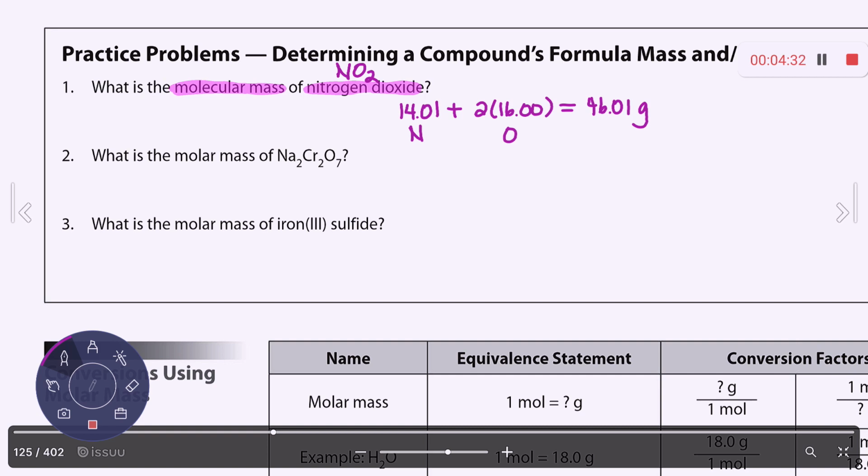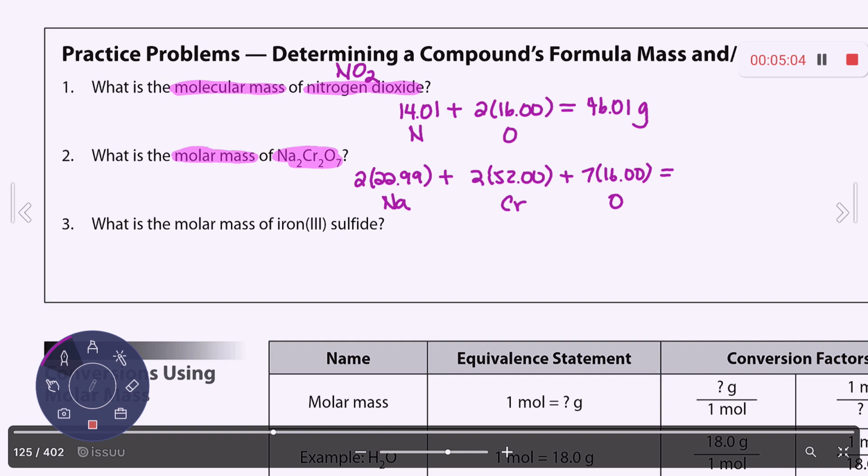Okay. For number two, if we're solving for the molar mass of sodium dichromate, you've got two sodiums. So 2 times 22.99 for sodium plus 2 times whatever chromium is. Chromium is 52. And then we have 7 oxygens at 16.